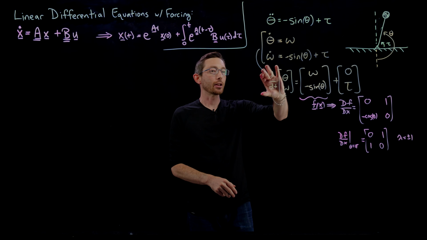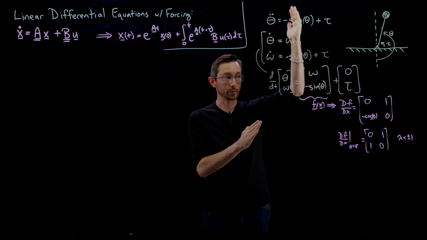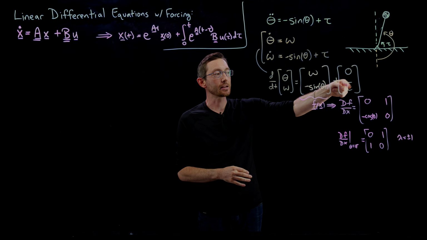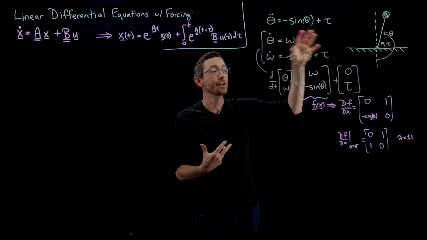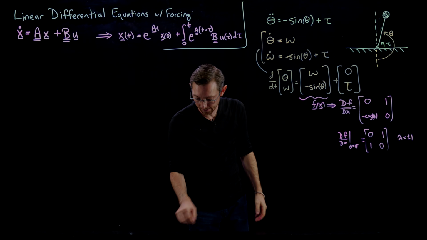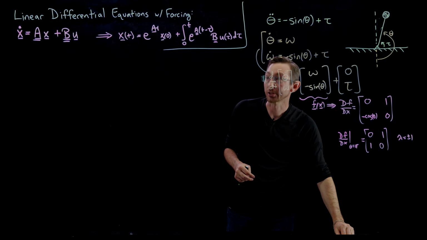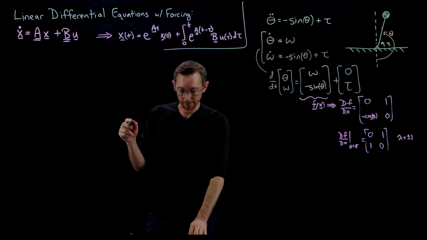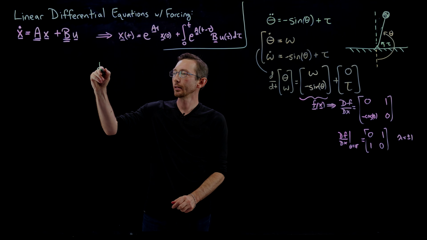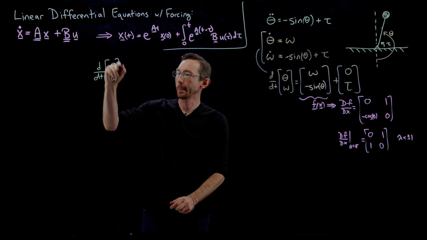Good. So now I can write this equation linearized about the vertical position, and I can see, is there some torque forcing, some control I can design to change those linear dynamics? So now I have d/dt of (theta, omega).